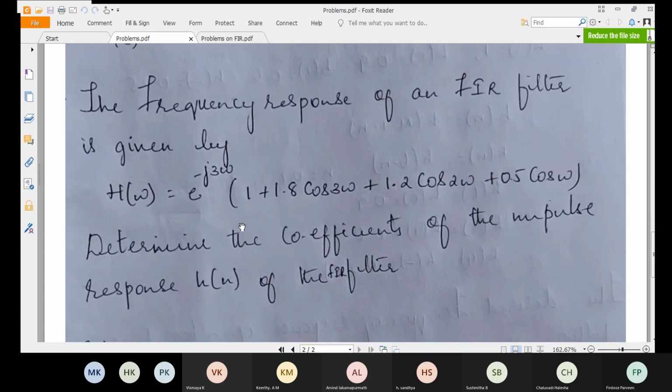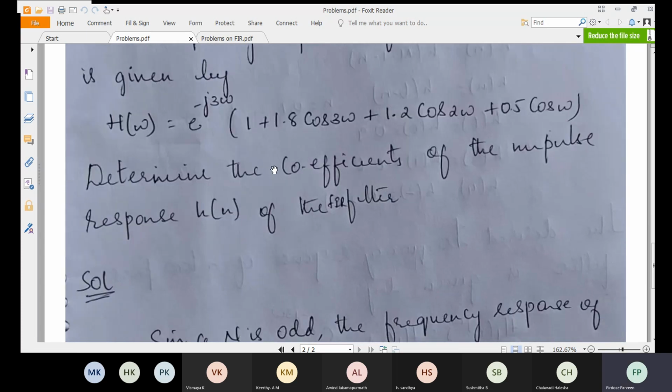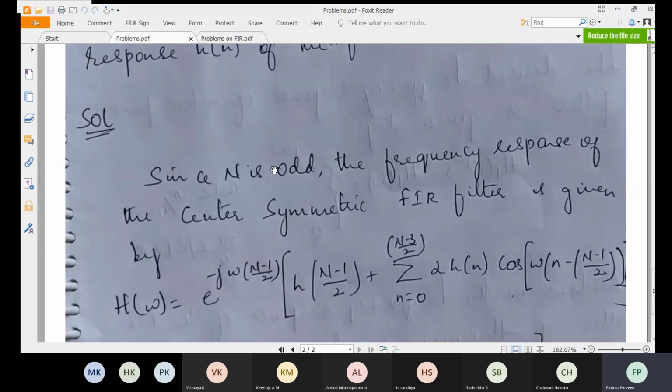Got understood? From this equation, we find out that n is odd. Since it is 3 omega and n is equal to 7, 7 minus 1 divided by 2, it is 3 omega. Hence we assume that n is equal to 7. Since n is odd, this is the equation. You have to remember this one.